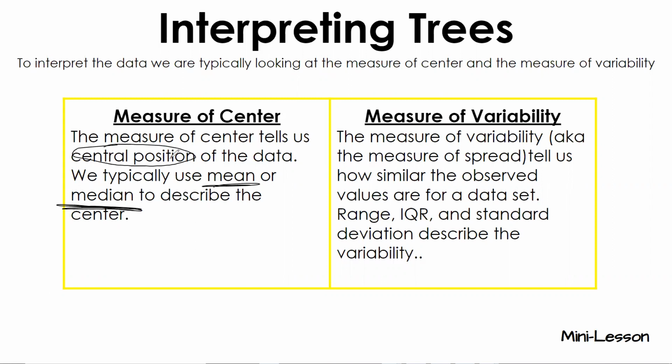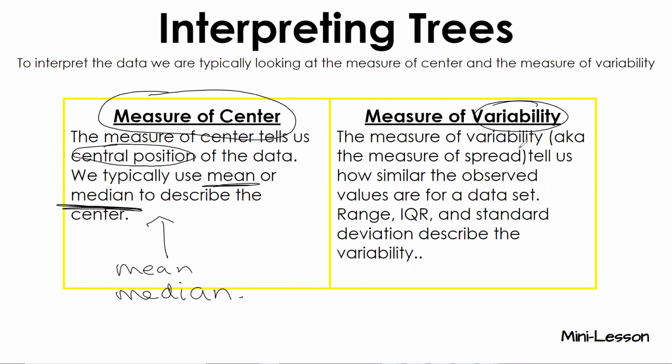On your final, they always ask this question really weird. They say measure of center when they're talking about mean and median. This is a fancy way of saying it. Measure of variability is the measure of spread. It tells us how similar the observed values are for a data set.